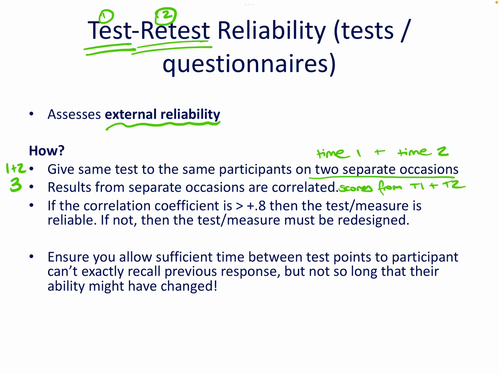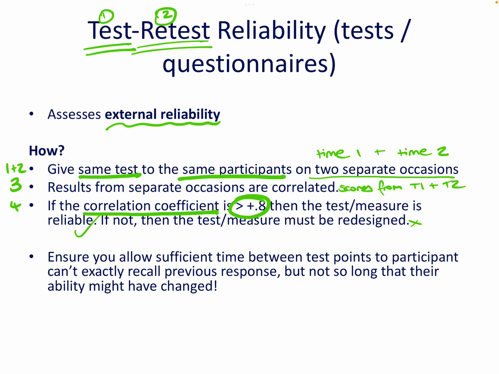We're going to correlate those scores. And again, we're looking for a correlation coefficient of 0.8 or greater. If we get a correlation coefficient of 0.8 or greater, fantastic. Our test has test-retest reliability. If not, then we're going to need to make some changes. So for our 4 marks there, same participants get the same test on 2 separate occasions, time 1 and time 2. We correlate the scores from time 1 and time 2, and we're looking for that correlation coefficient of 0.8 or greater.